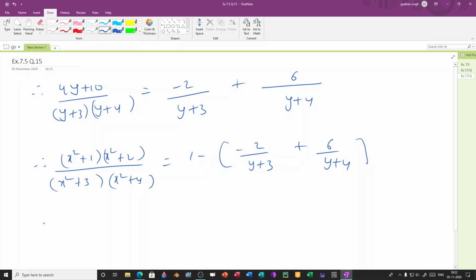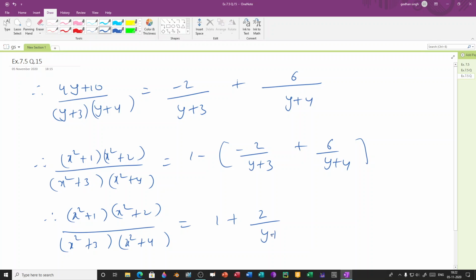And now this can be further simplified as x square plus 1 into x square plus 2 over x square plus 3 into x square plus 4 equal to, when we open the bracket, 1 plus 2 over y plus 3 minus 6 over y plus 4, because minus and plus will become minus.